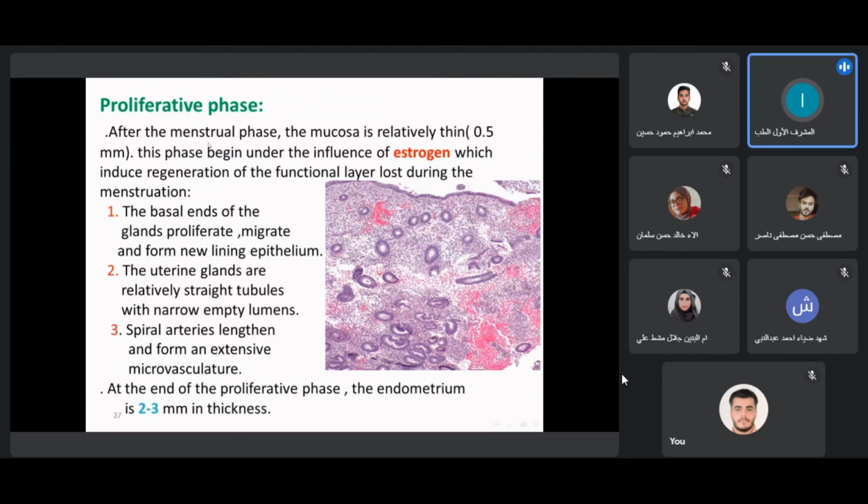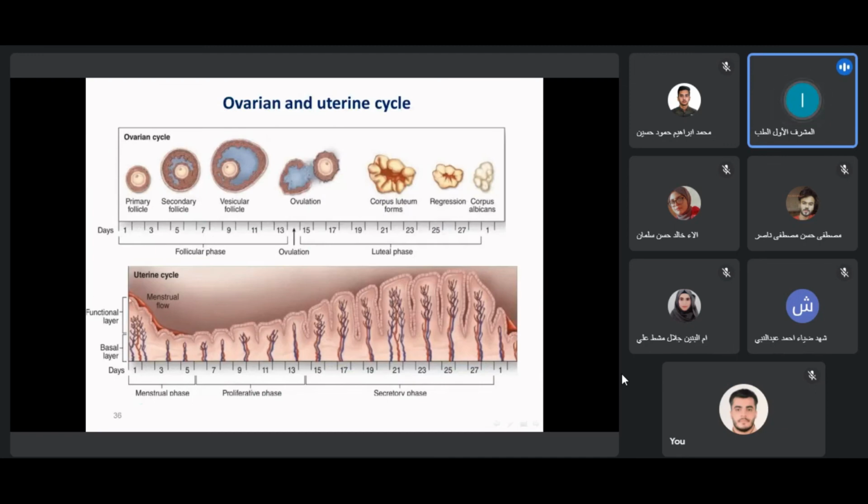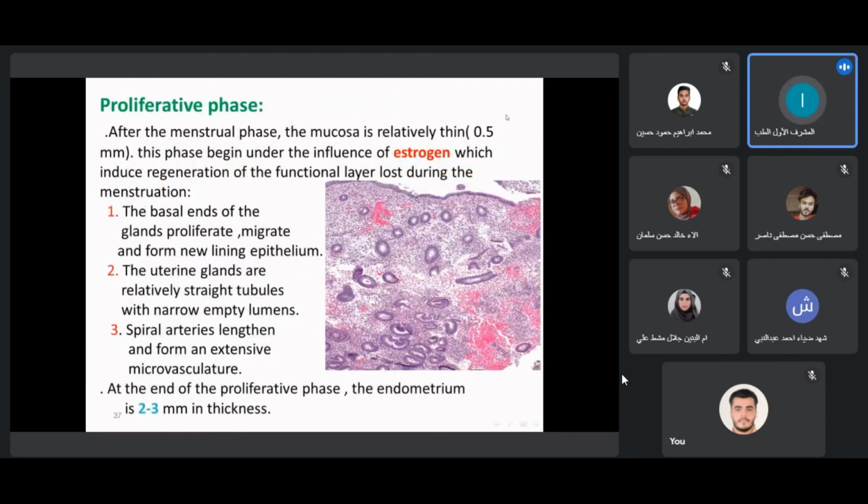After the end of menstruation, which lasts for 1 to 4 days, the mucosa reaches its thinnest part here. This is the beginning of menstruation, the thickest period of endometrium. After shedding, there will be loss of this superficial part of endometrium, and here after the end of menstruation, the endometrium reaches its thinnest, which is half a millimeter, 0.5 millimeter.